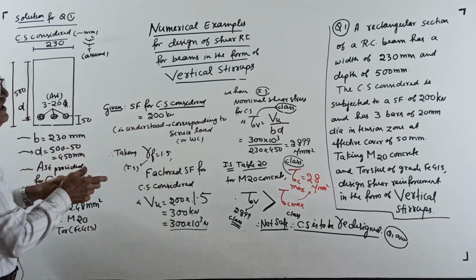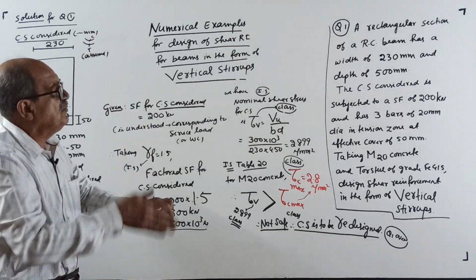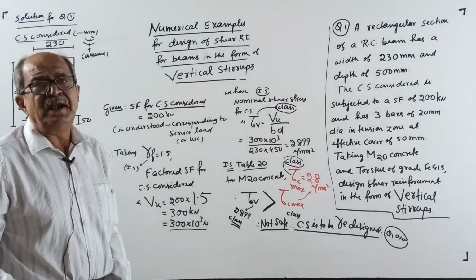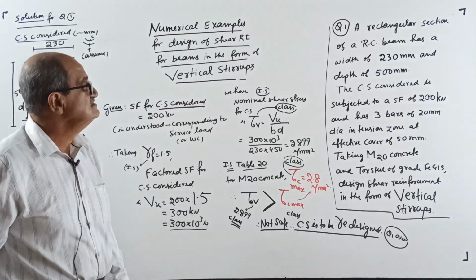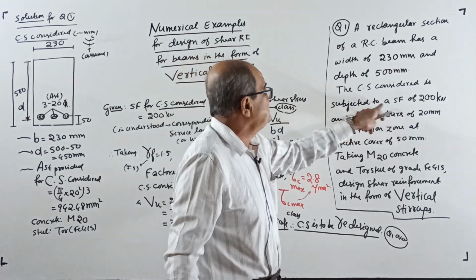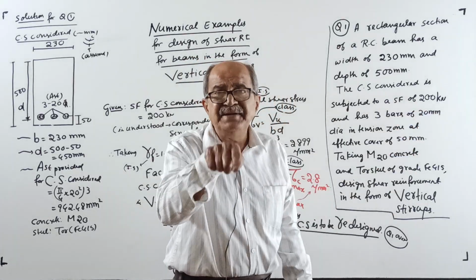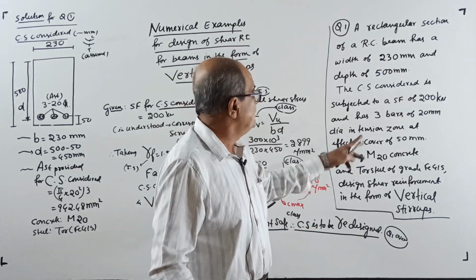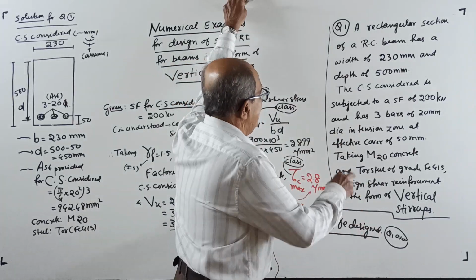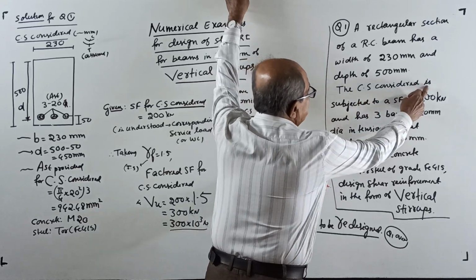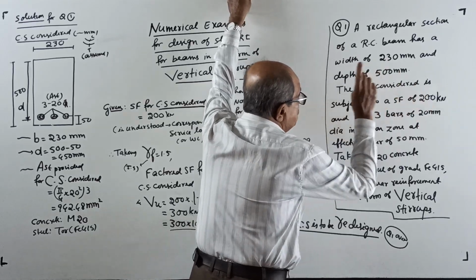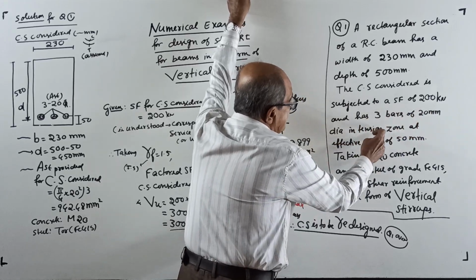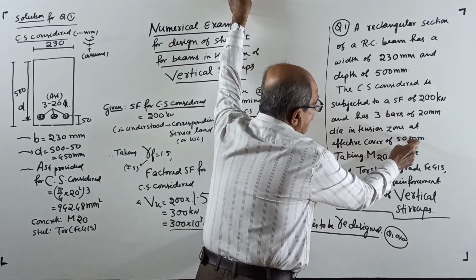The cross section considered is subjected to a shear force of 200 kN, and has 3 bars of 20 mm diameter in the tension zone at an effective cover of 50 mm.